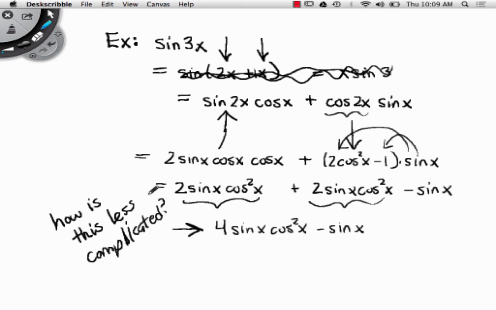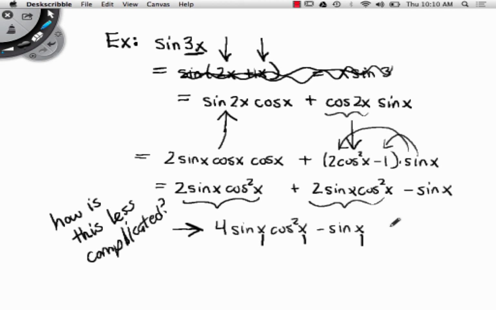But it is less complicated in this sense here, Sydney. This is 3 times the angle, whereas right here, and here, and here, that's just the angle. Sometimes you don't know what 3 times the angle is, but you do know what the cosine and the sine is of the regular angle. In that way, it's less complicated.